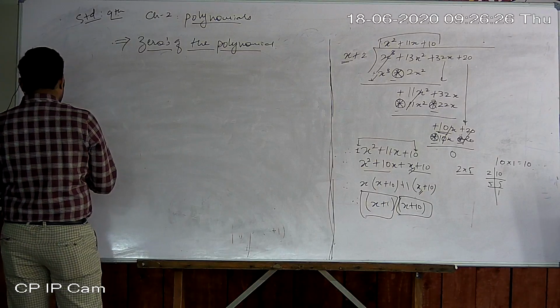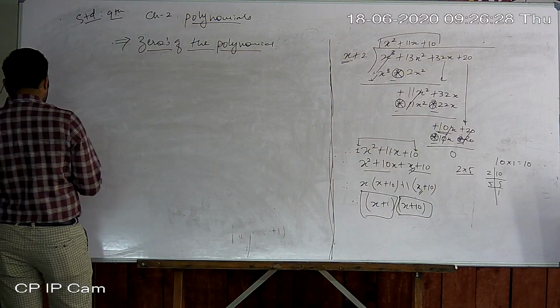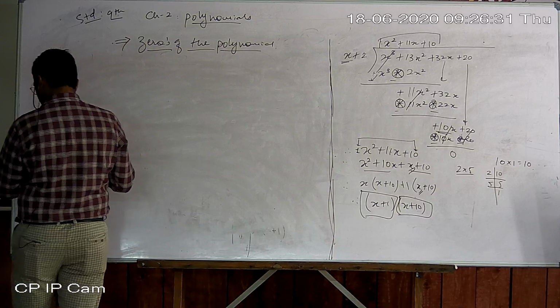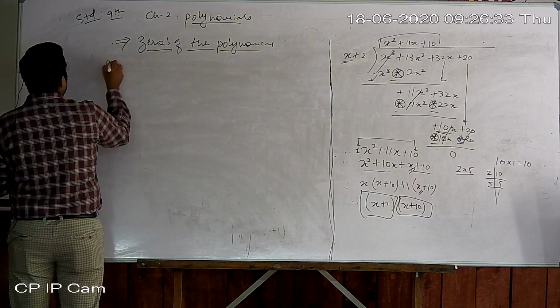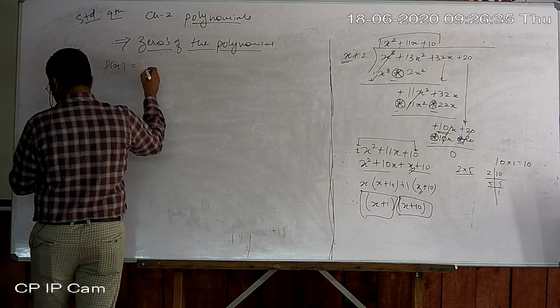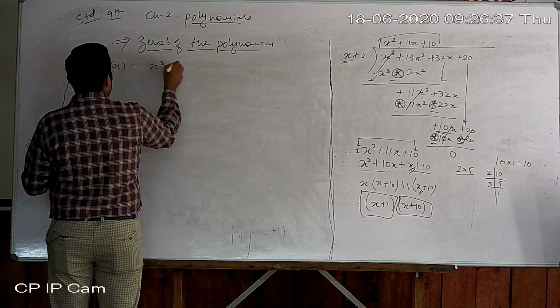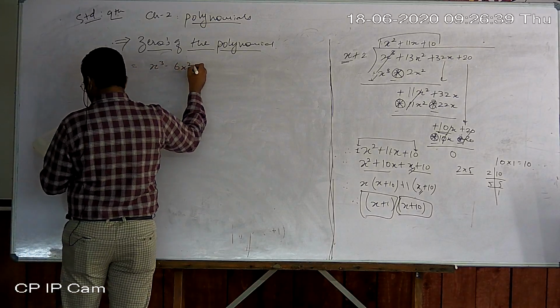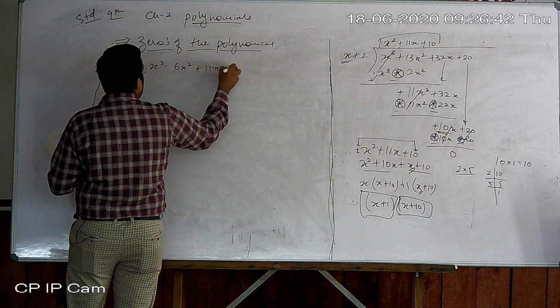Here my question is: p of x is equal to x cube minus 6x square plus 11x minus 6.